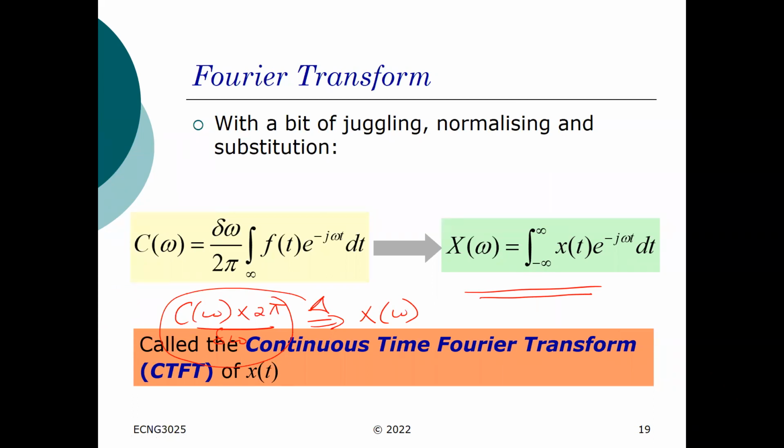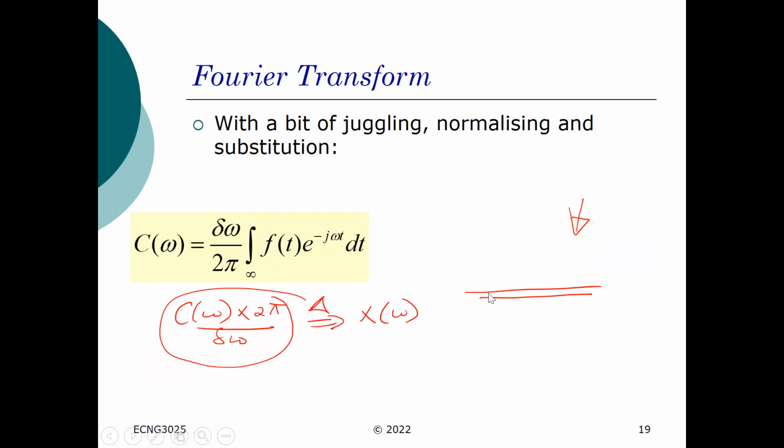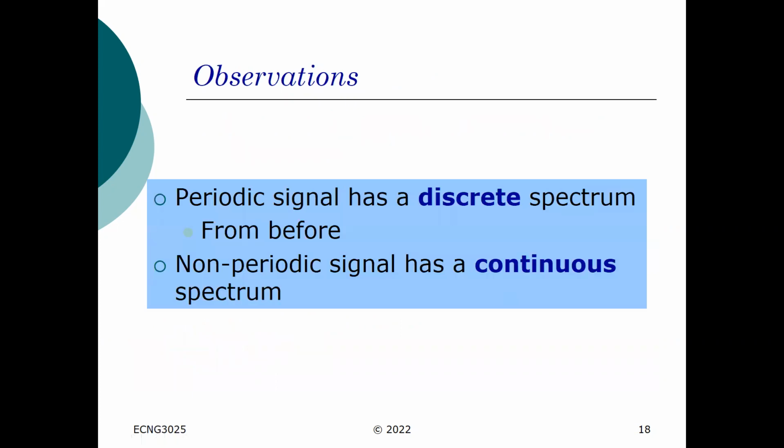So for a non-periodic signal, remember, x of t is non-periodic, the Fourier transform of that, or the continuous time Fourier transform, to be correct, was now given by this expression here. And then let me just go back to this slide before, just to make the point that a periodic signal has a discrete spectrum.